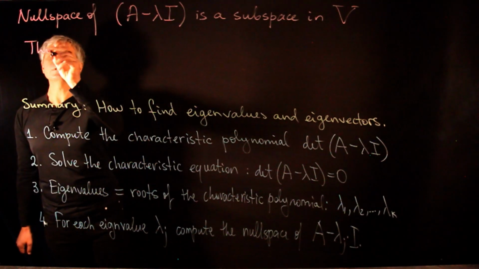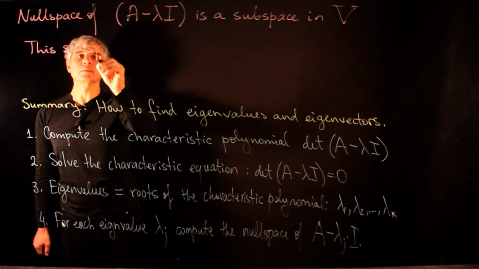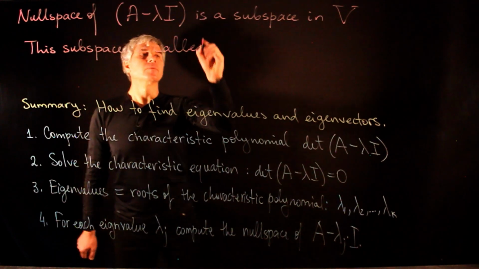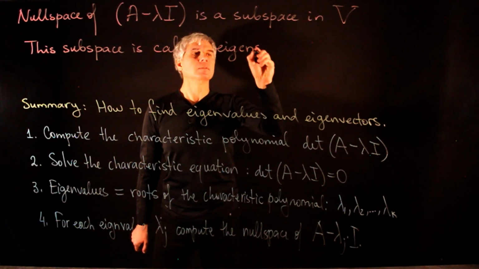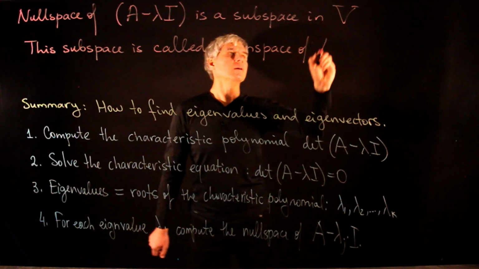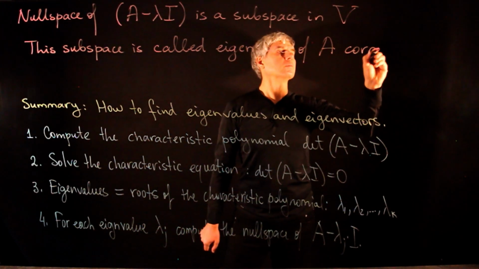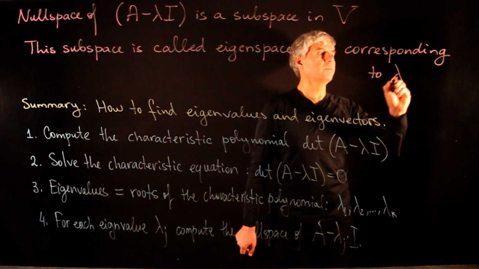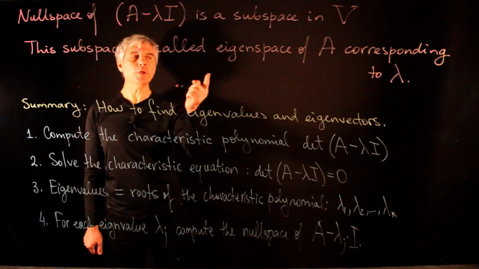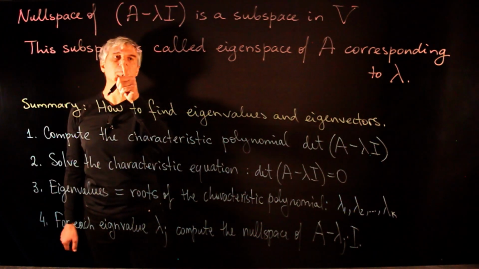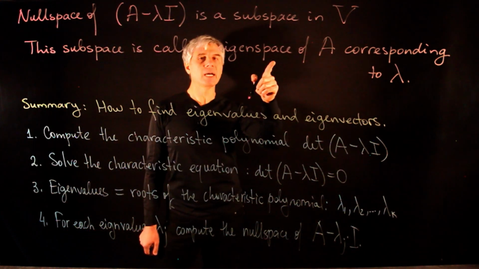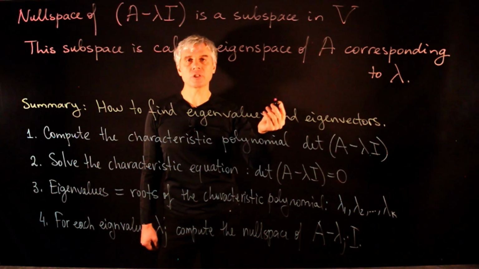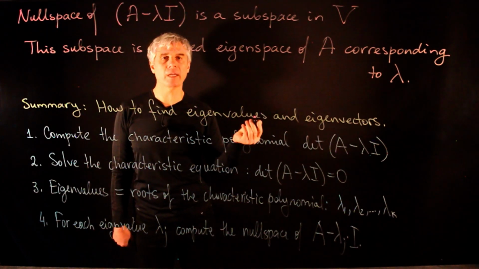So this subspace is also called the eigenspace of A corresponding to lambda. The only delicate point here is that the 0 vector belongs to the eigenspace, but it's not considered to be an eigenvector, because by our definition, eigenvectors are non-zero vectors.